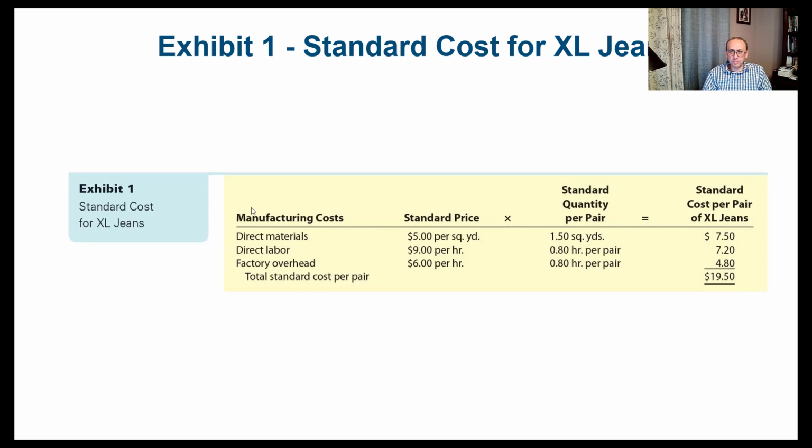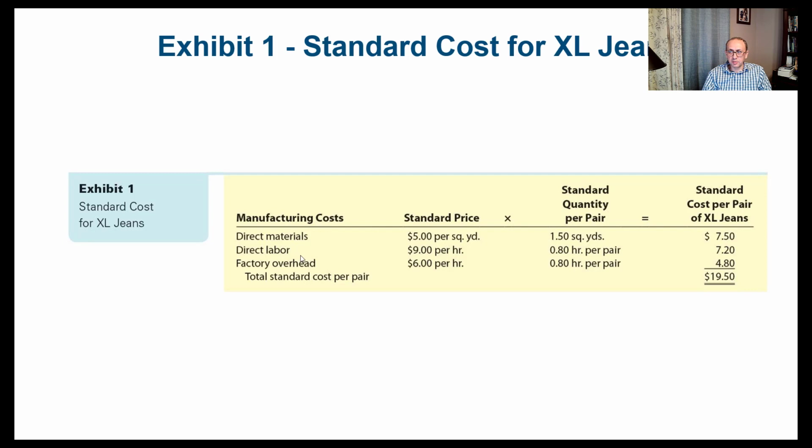These are the three components of manufacturing cost. So if we start with direct material, let's assume that for this company we have the standard price to be $5 per square yard, and the standard quantity per pair would be 1.5 square yards. So if we multiply the standard price by the standard quantity, we get the standard cost per pair of jeans, which is $7.50.